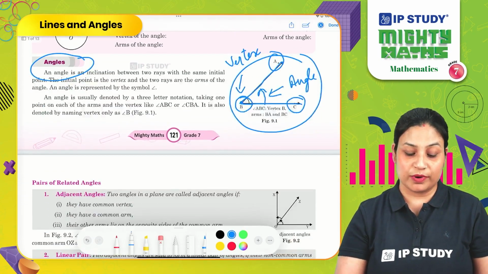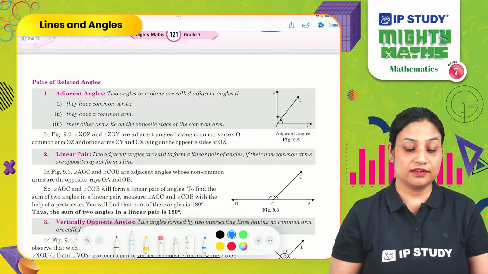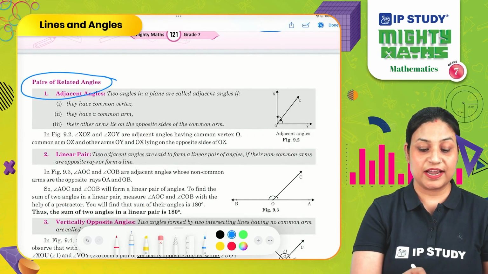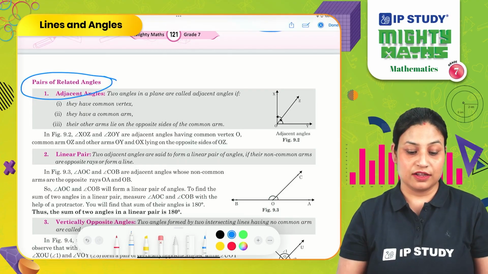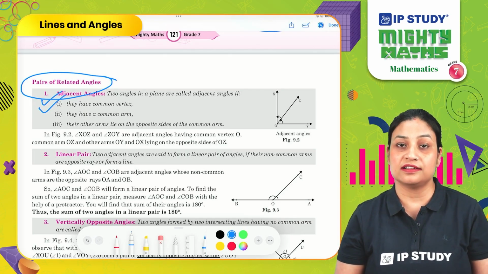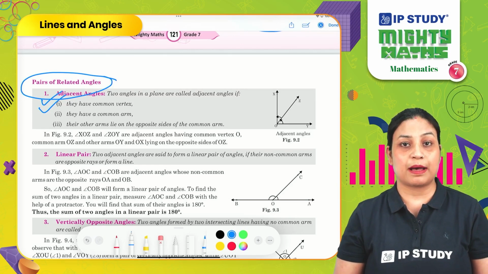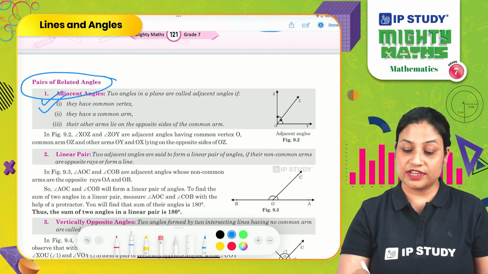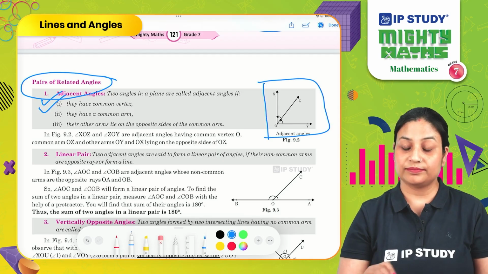So let's move forward and see the different topics we are going to cover. Let's discuss pairs of related angles. The first one is adjacent angles. So what are these adjacent angles? Let me take an example to describe what adjacent angles are. Dear student, can you see this figure?